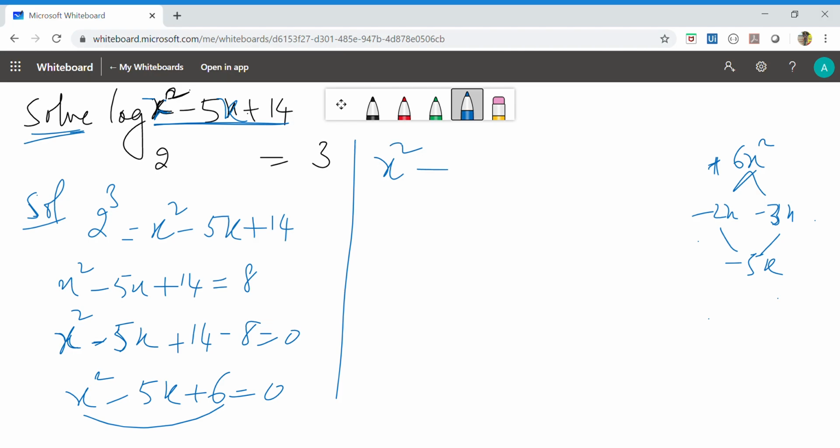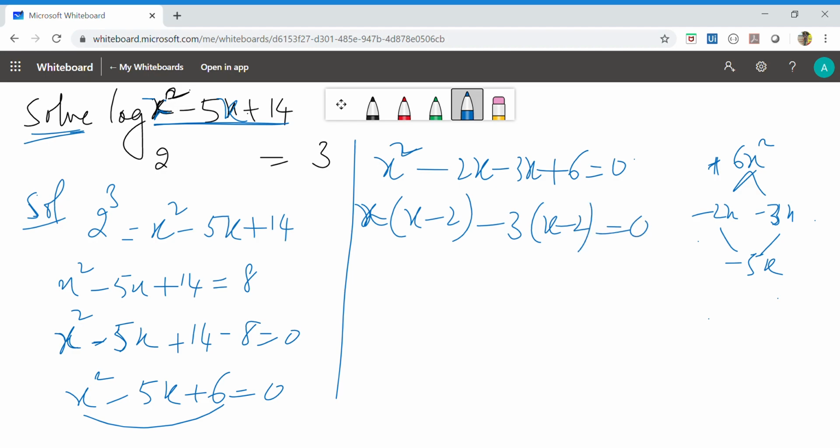Instead of minus 5x, splitting the middle term, minus 5x can be written as minus 2x minus 3x, so x square minus 2x minus 3x plus 6 is equal to 0. X common: x into x minus 2, minus 3 common: x minus 2 is equal to 0. X minus 2 taking common, x minus 3 is equal to 0 you will get.